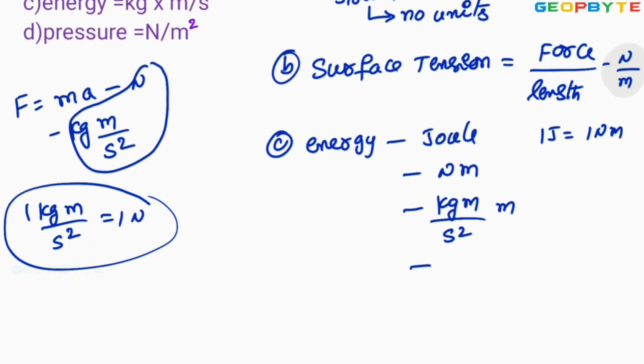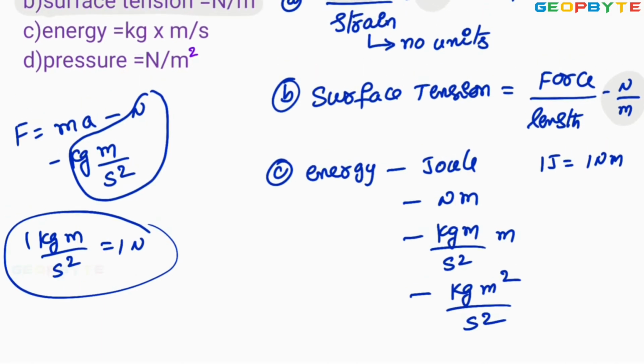You simplify this value: kg meter square per second square. So the energy unit is kg meter square per second square. But what is given? It is just given kg meter per second. Therefore, the unit given for energy is not correct. That is our correct answer. Option C is our option. I hope you clearly got my point.